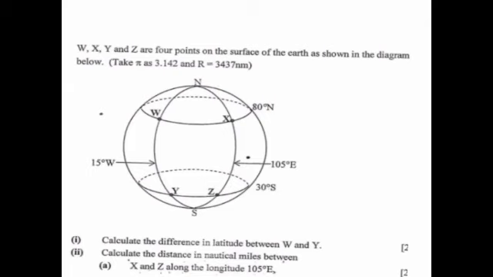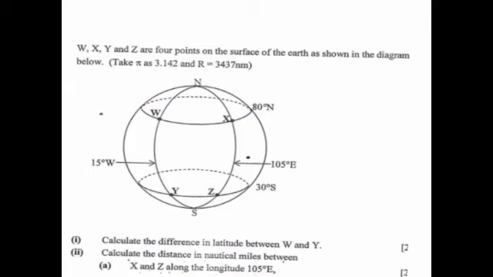This time, the first question is saying, calculate the difference in latitudes between W and Y. W is on latitude 80 degrees and Y is lying on latitude 30 degrees.